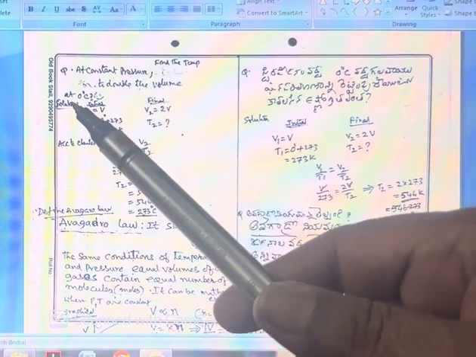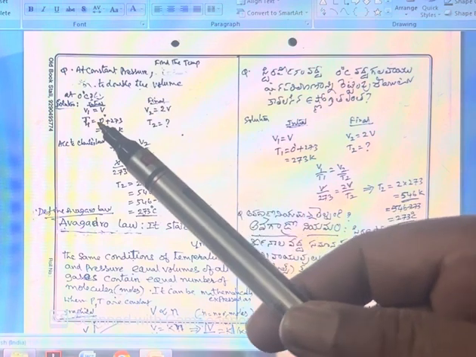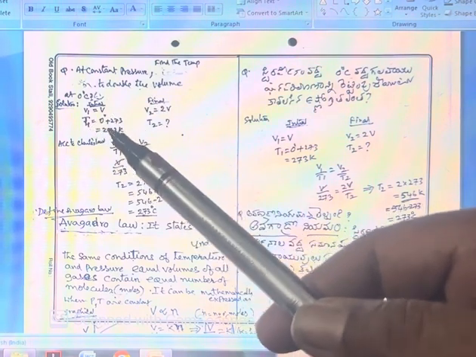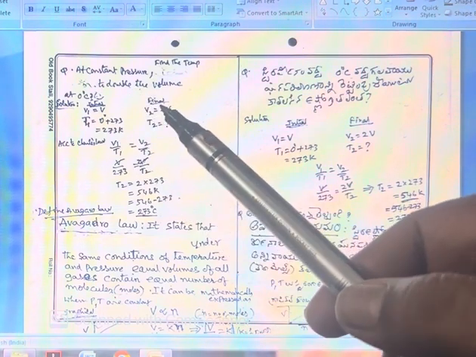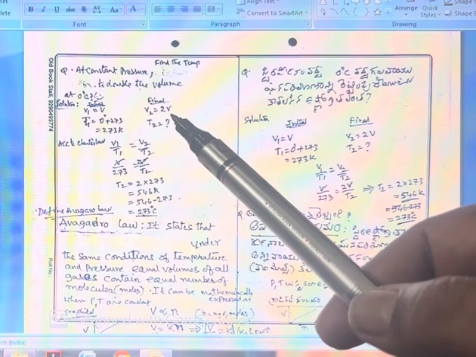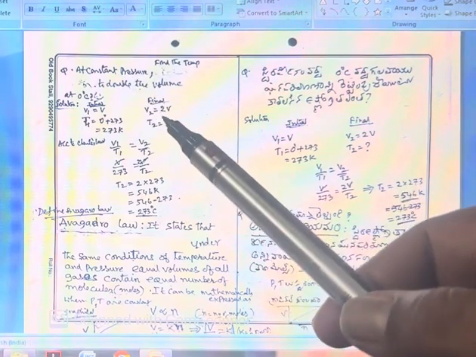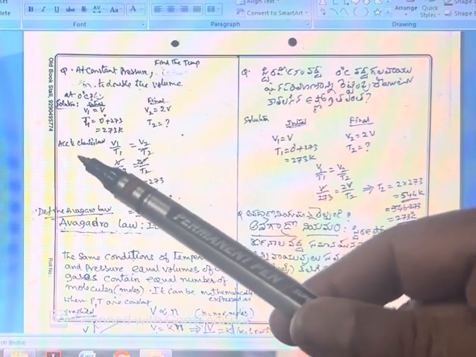Initial temperature is 0 degree centigrade, the initial volume is V1 equal to V, and T1 is equal to 0 plus 273 Kelvin. The final stage V2 is equal to 2V, the volume is doubled. What is the temperature required? T2 is the question mark.